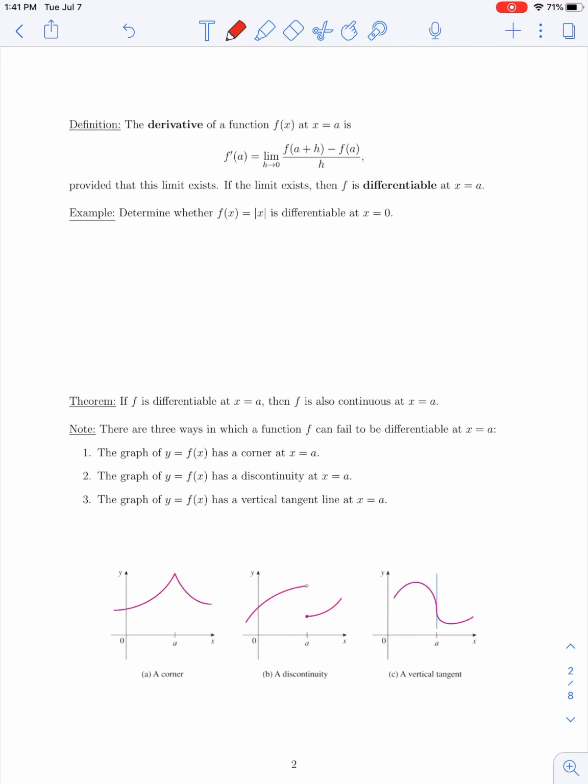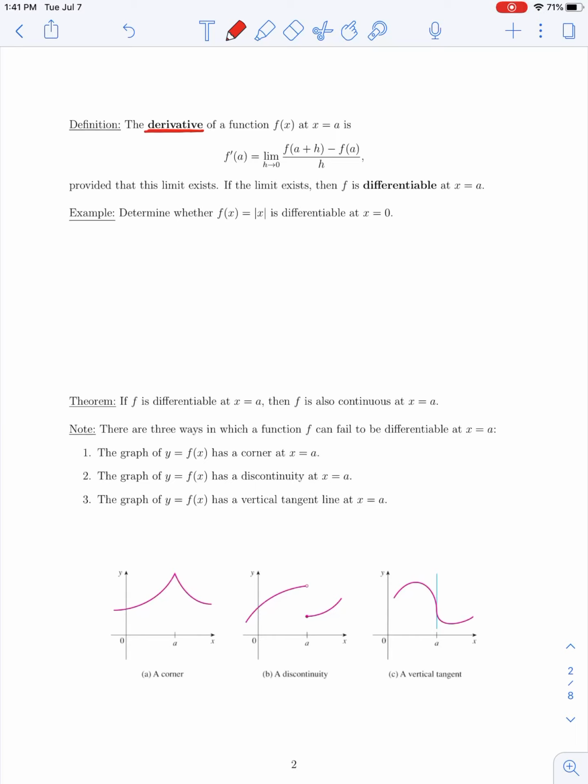So this slope of a tangent line, or an instantaneous rate of change, which we've been discussing so far, is given a special name in calculus. It is known as the derivative of a function. So let's define our derivative.